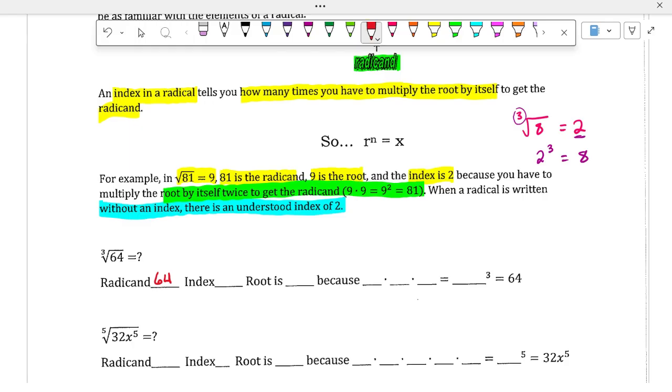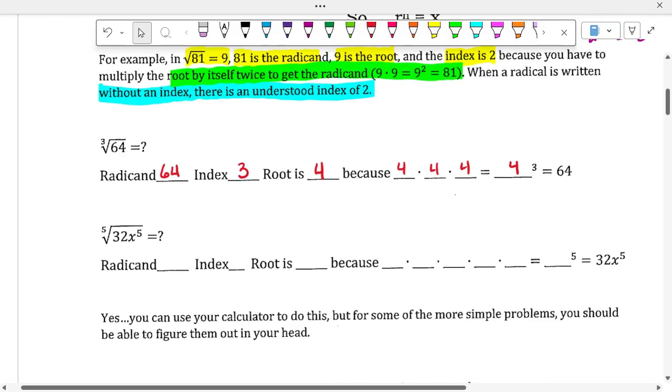What's the index? 3. Now, what is the cube root of 64? 4. It's on that sheet. If you look in the cube column, find 64 and look to see what number it's connected to. So that means 4 times 4 times 4, or 4 cubed, is 64.